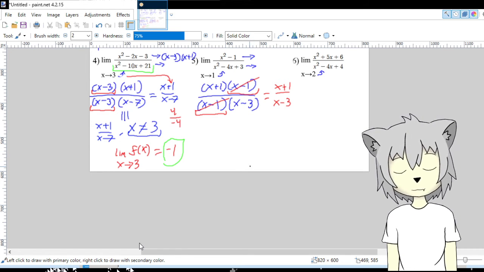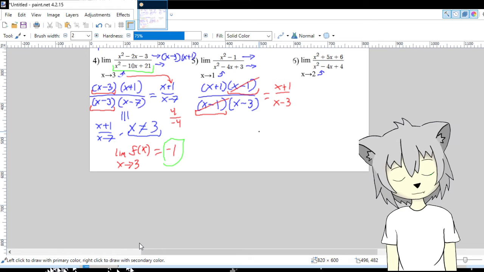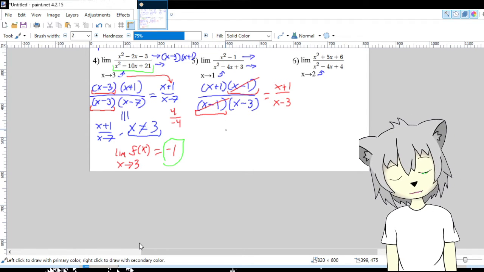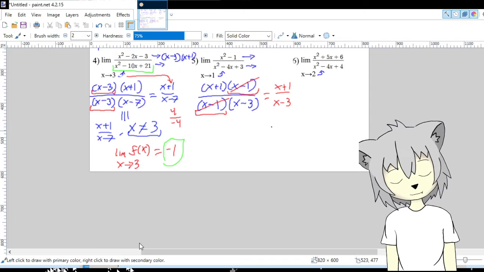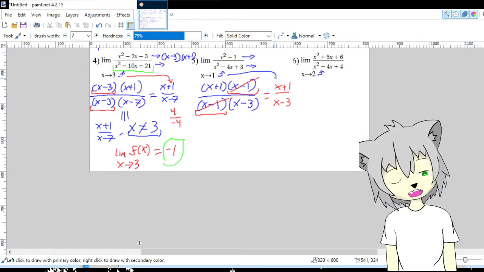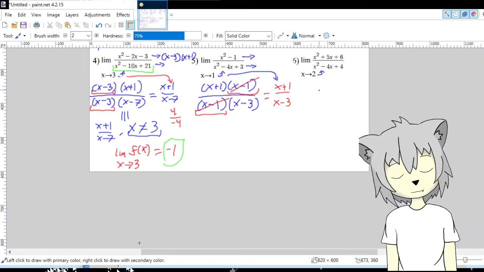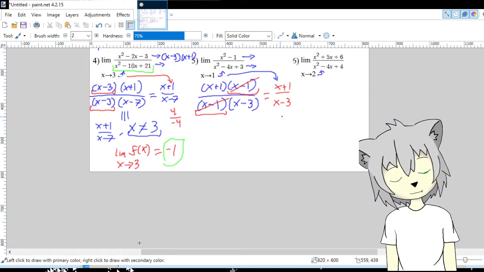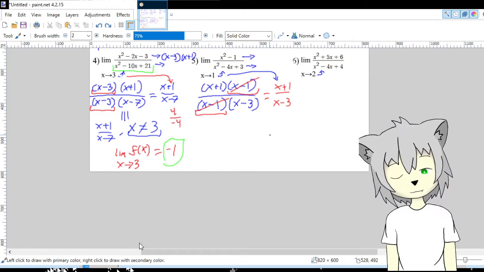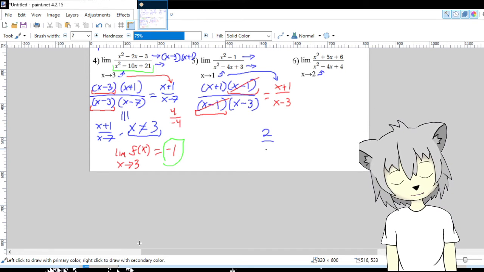It's not really that important in the problem solving scheme of things. So now you just plug that into here, since both of these are practically the same thing. You get 2 over negative 2.